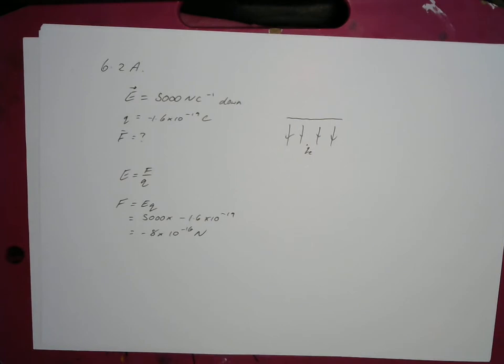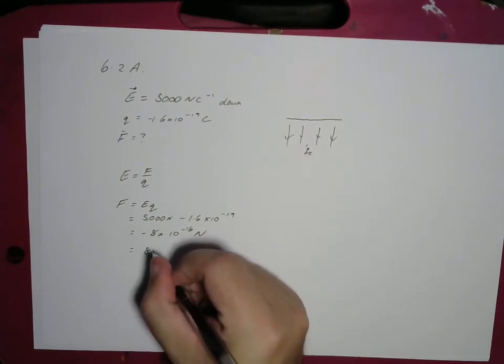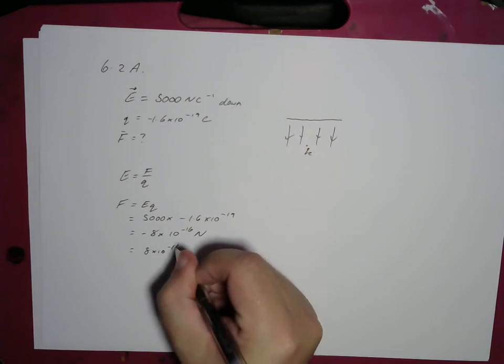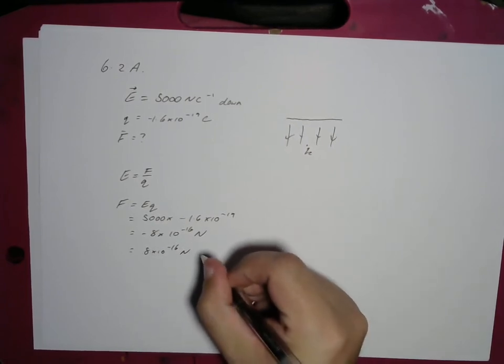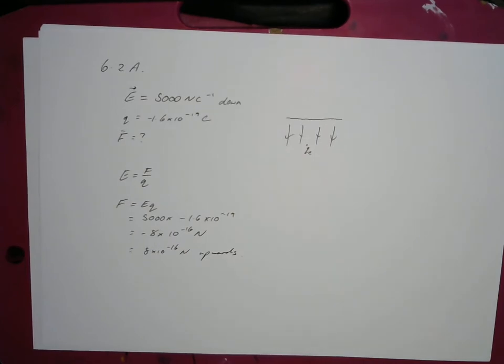An electron is a negative charge. And so that must mean that our force is 8 times 10 to the negative 16 newtons upwards. Okay, so our electron has some sort of force upwards. And that looks okay on my screen, so hopefully the resolution's alright when this goes up.